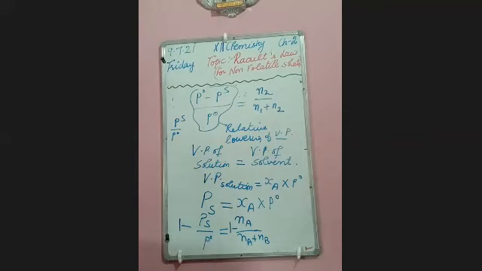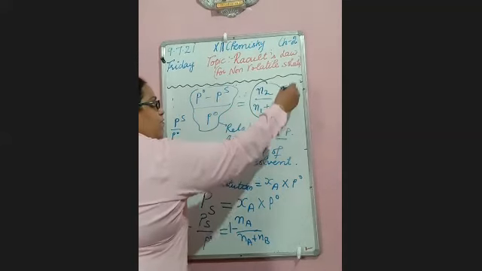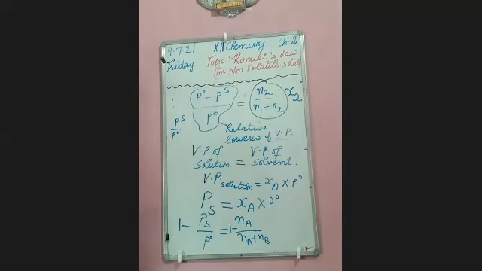So the relative lowering of vapor pressure of a solution containing a non-volatile solute. My dear students, please remember here your solute is non-volatile. It is not volatile in nature. So do not forget this term. The relative lowering of vapor pressure of a solution containing a non-volatile solute is equal to the mole fraction of solute.